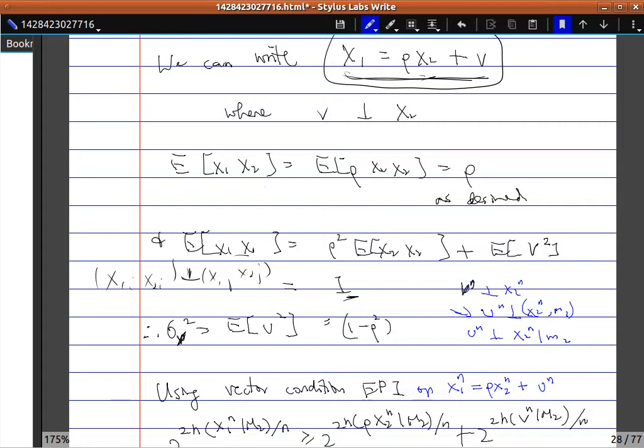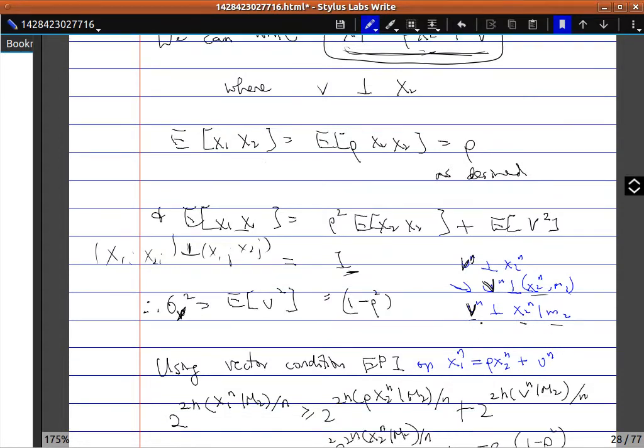For each component, the whole vector Vn is independent of x2n. And because m2 is just a function of x2n, the encoded value of the second input source, by a lemma I showed in another video, if something is independent of these two variables, you can write that this is independent of this given the other variable.